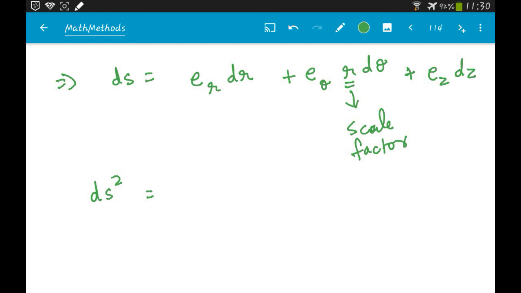So you can just do a square of each of these and you will get the terms.